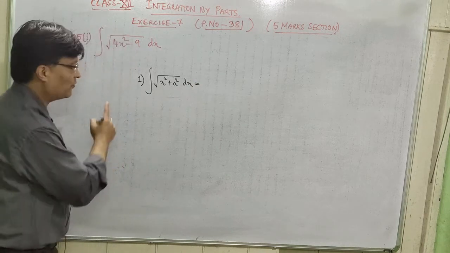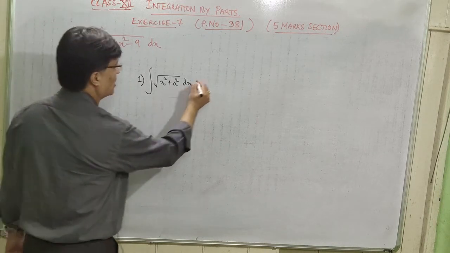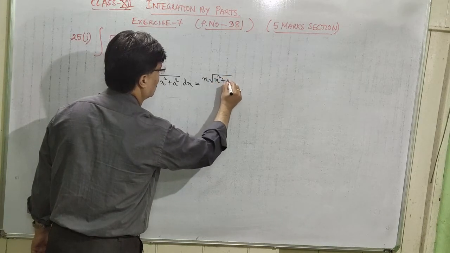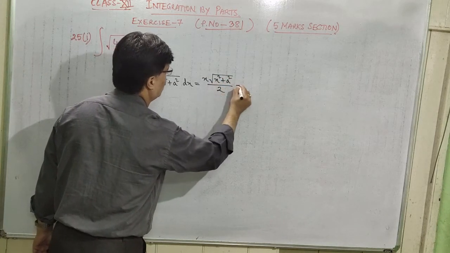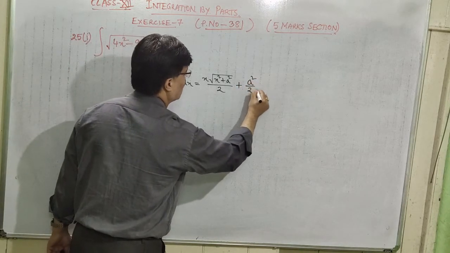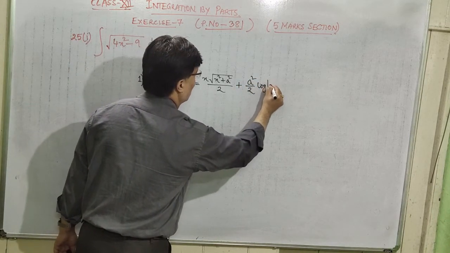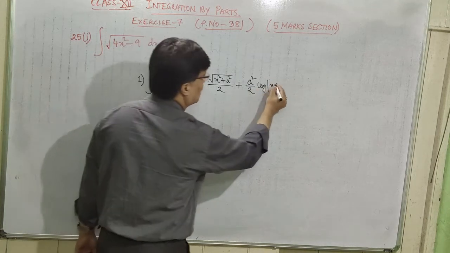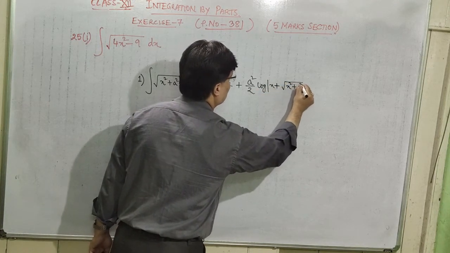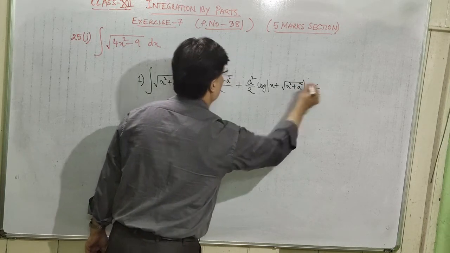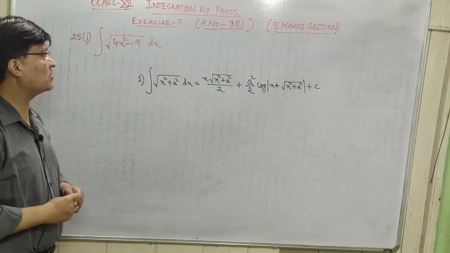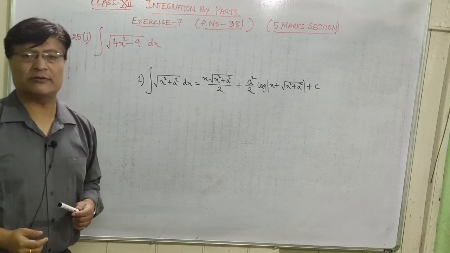The formula for this standard integral is x root over x square plus a square by 2, plus a square by 2 log mod of x plus root over x square plus a square, plus c. So this is the first standard integral in the chapter integration by parts.